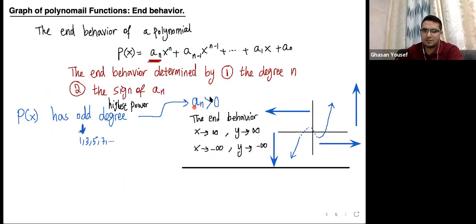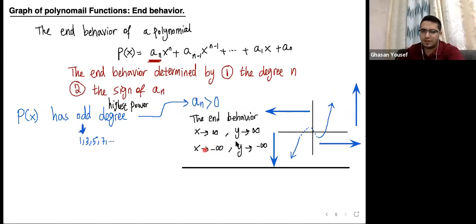If this leading coefficient is positive and the degree is odd, look at the end behavior. When x goes to infinity, the variable x becomes larger and larger, and the y value of the graph goes to infinity, goes up. Look at the curve: it goes up.